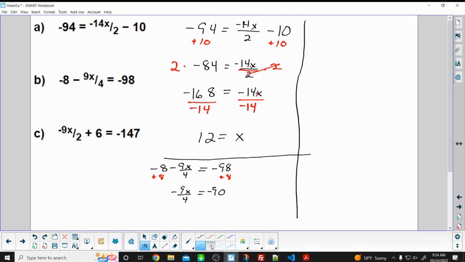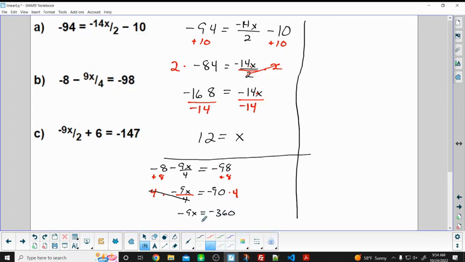All right, and then what I'm going to do is multiply both sides by 4. I'm going to get rid of this division of 4. So multiply by 4 here, multiply by 4 here. And that undoes the division of 4, leaving me with negative 9x equals, and then we've got negative 90 times 4. That's going to be negative 360.